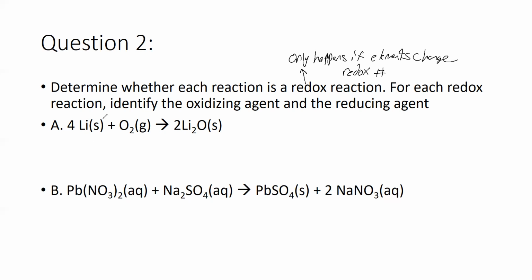So let me do A and see after doing A if there's still a question like that. All right, so the first thing we want to do is know if a redox reaction happened. So let's assign redox numbers. Lithium by itself, no charge. Based on our redox rules, that has a redox number or an oxidation state. I'm going to use those two words interchangeably because you can use either one.